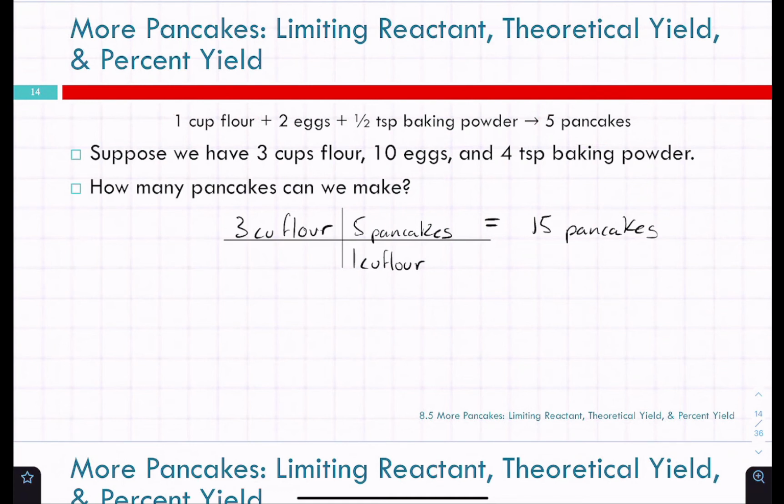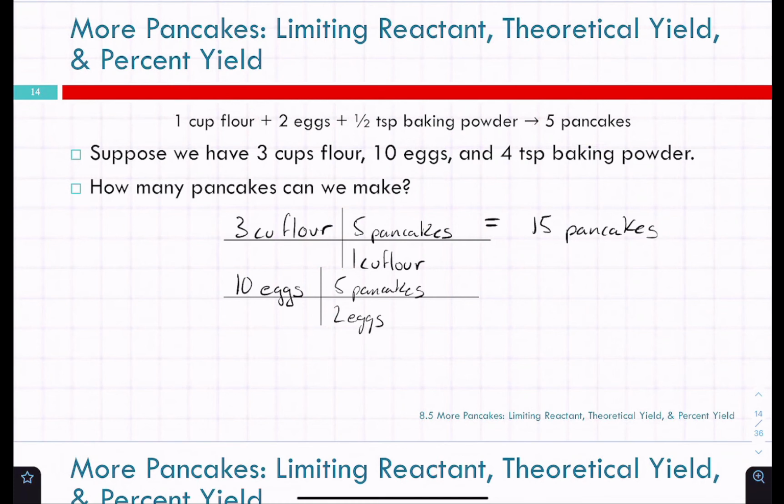And so then we set up another problem. We say, well, okay, maybe it's eggs that are limiting. So we can set up another problem for our 10 eggs, again like a stoichiometry problem. 2 eggs will give us 5 pancakes.